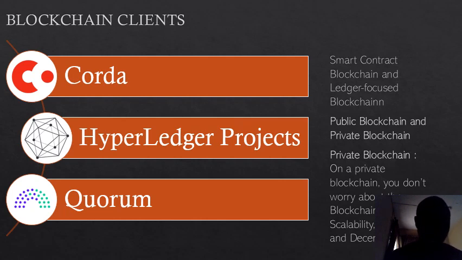We've seen Hyperledger project, and we have lots of clients under Hyperledger, and then we've seen Quorum too. There are some others that I did not cover here, but these are just some of the basic ones that are actually being used out there. So you can actually make use of this. Now remember, for you to have a blockchain, it's not just one computer system that we are talking about. We'll have different networks of computers connected together, having the same ledger, just like it was explained in the video up front there.